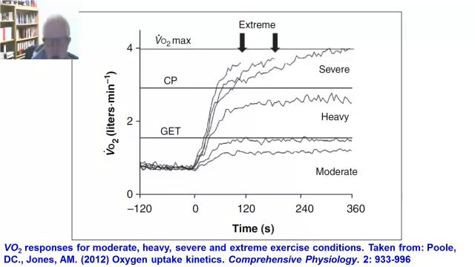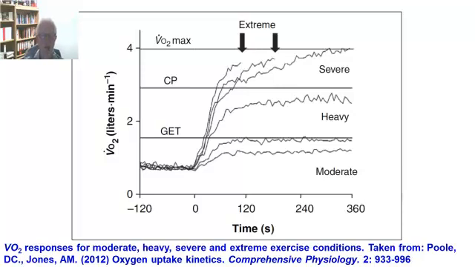Now though, look what happens when you go above gas exchange threshold. And you can see now there are 4 different responses. There is one response that is referred to as the heavy domain response, and this is between the gas exchange threshold, ventilatory threshold, and what we're going to look at in the final podcast of this module, which is critical power.